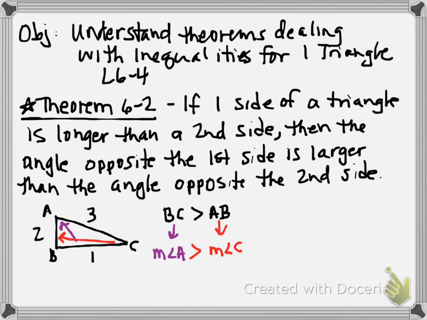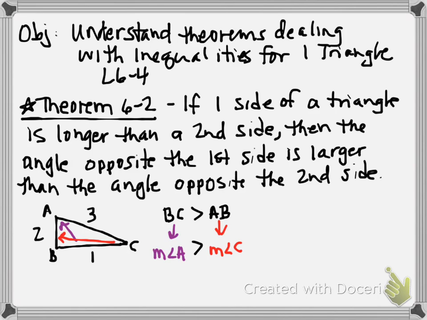Okay? That's all this theorem is saying. Angle or side BC is created by angle A. Side AB is created by angle C. Because BC is longer than AB, that means angle A had to be larger than angle C. That's all this theorem talks about. Does that make sense? Clear as mud, right?